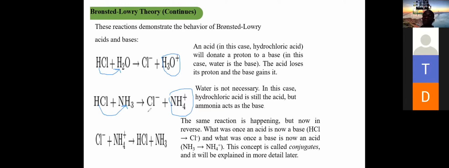Now, I can even write an equation to let ammonia, NH3, act as an acid. Ammonia, NH3, plus water. If I want ammonia to act as the acid, one hydrogen will leave the ammonia to water.